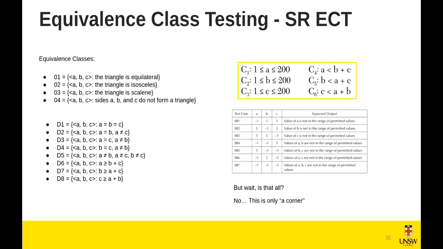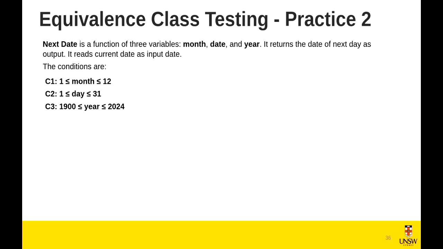So we are missing a lot of cases here. This is only one corner in the diagram, you could imagine. So if we remove those assumptions, we will have a lot more test cases in the end. And now we finish the triangle program practice.